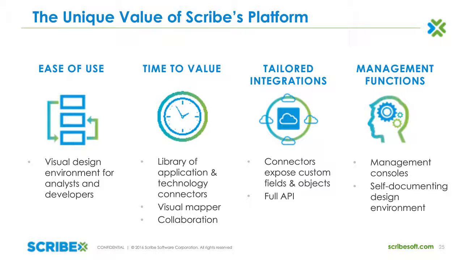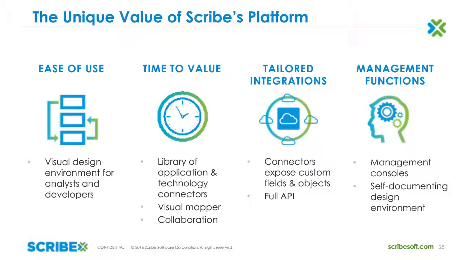because we have a visual design environment that's just as easy for analysts to create integrations as it is for developers. Time to market is another key characteristic of the Scribe Online platform. We have seen some studies that people get value very quickly out of the Scribe Online platform, going all the way from nothing to deployment in it could be a couple of weeks.